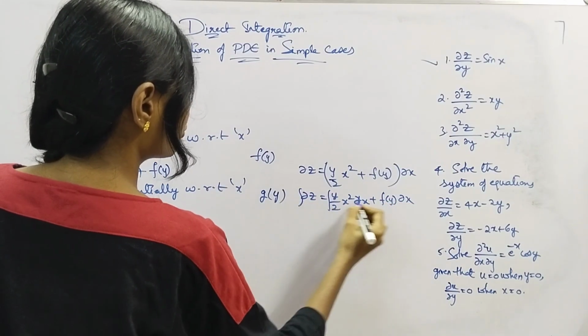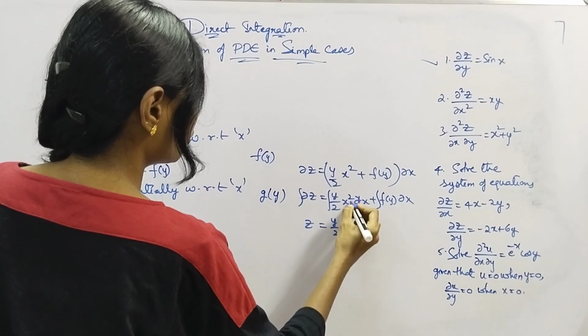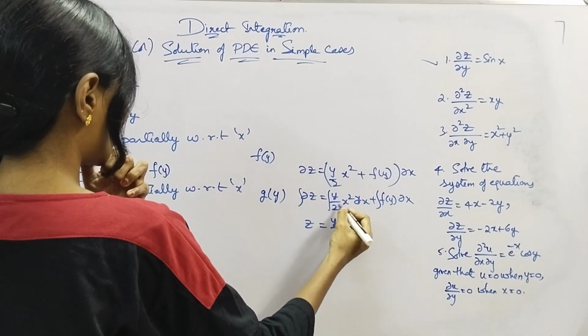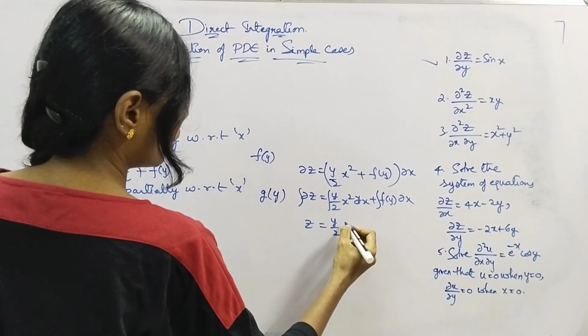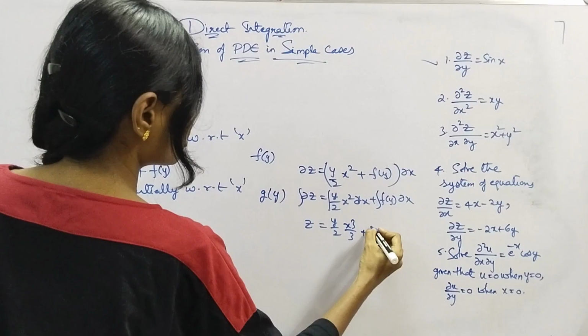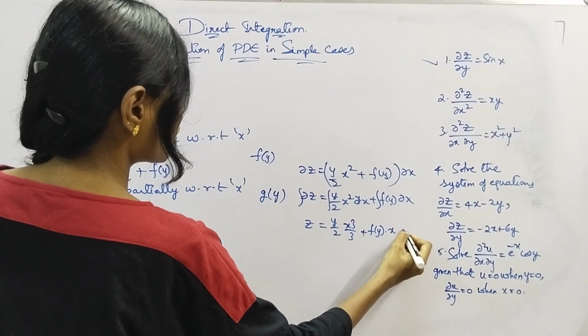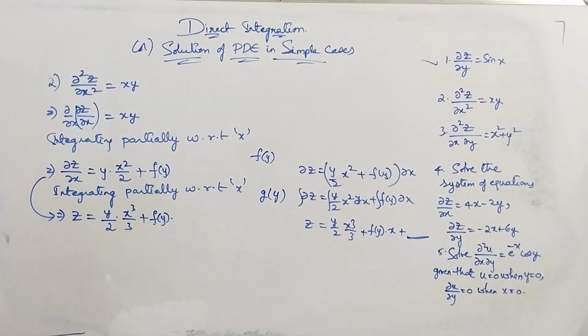Now we are supposed to integrate, then we'll get z equal to y/2 into the integral of x², since y/2 is constant, right? The integral of x² ∂x is x³/3 plus, you'll get, this is treated as a constant into the integral of ∂x, which will give x plus some integral constant, right?